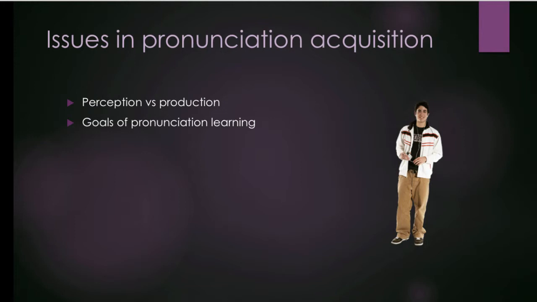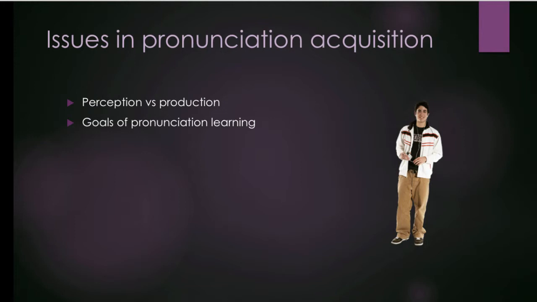And the other idea is intelligibility, that the speaker should be able to make themselves understood. And then there's been a lot of research into this, and people are thinking, well, understood by whom? Is it enough to be understood by speakers of your own language, or do you have to be understood by speakers of the target language?